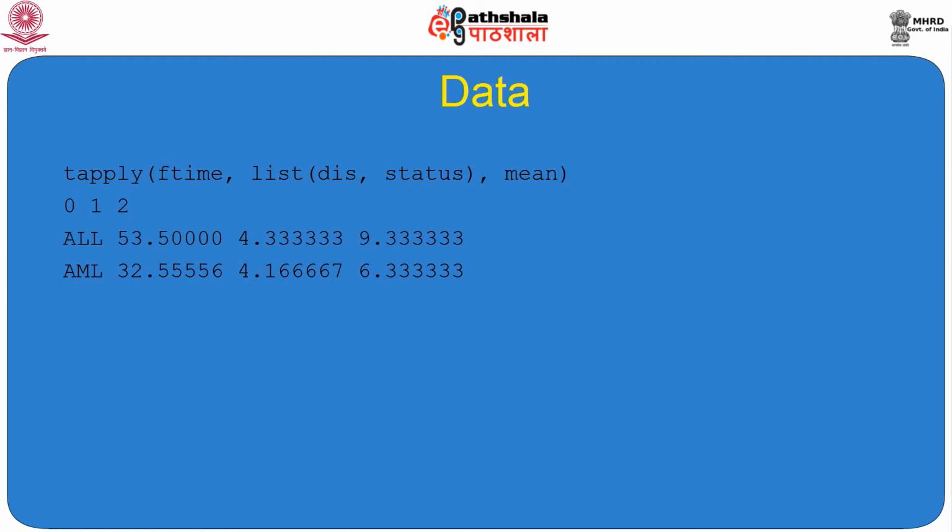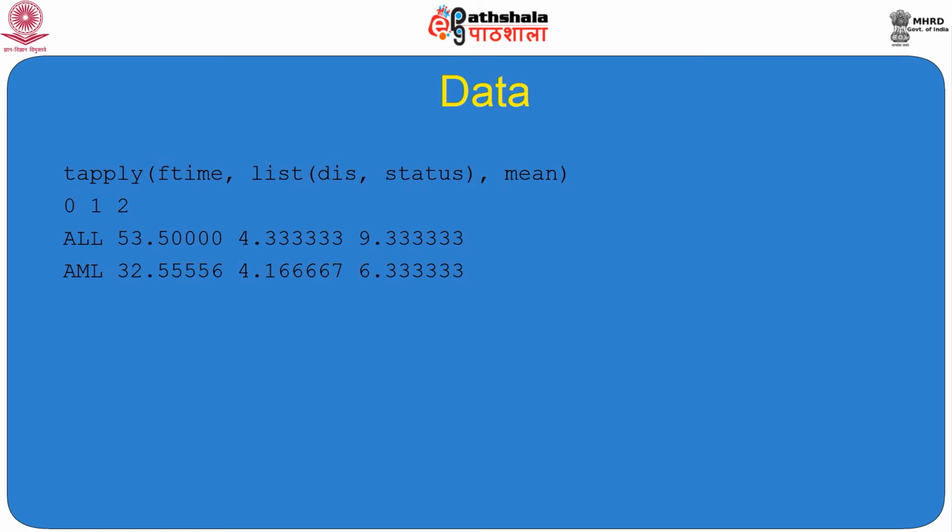Now we will go to the second slide. The mean values of follow-up time for both treatment groups have been obtained by tapply of ftime and a list of DIS and status with mean.